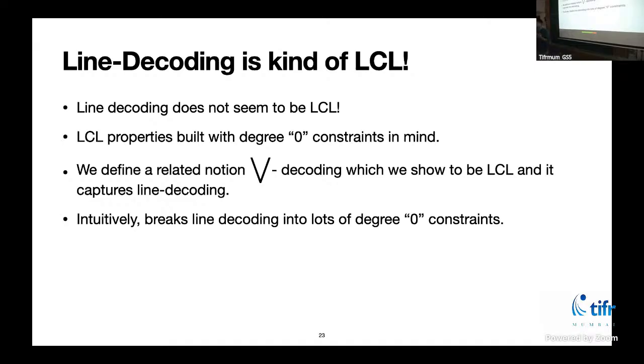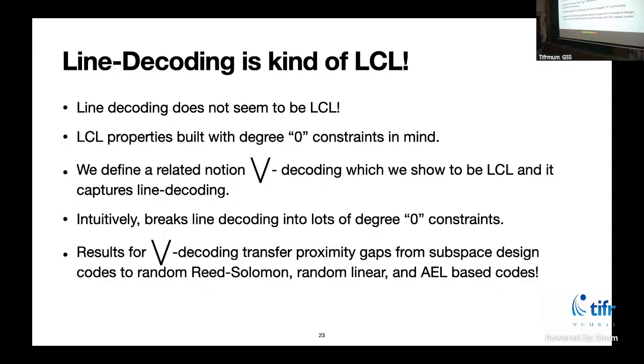So instead of finding three things which are nice, I'll find four things which are nice, but they agree on some evaluation. If you agree on lots of evaluations from this, they are the same line. It's very hand-wavy, but that is kind of the idea. And now results for V-decoding let us transfer proximity gaps from subspace designs to these other families of codes.